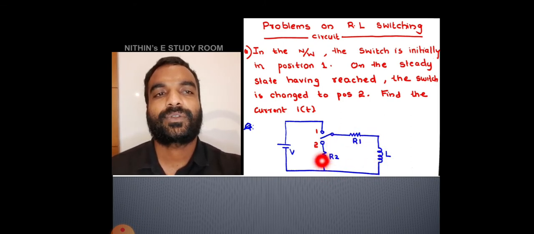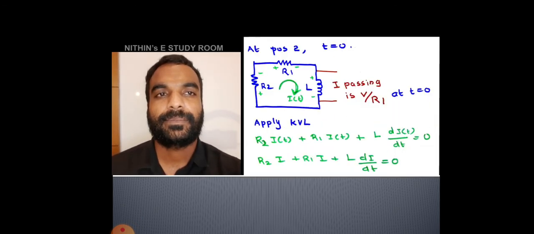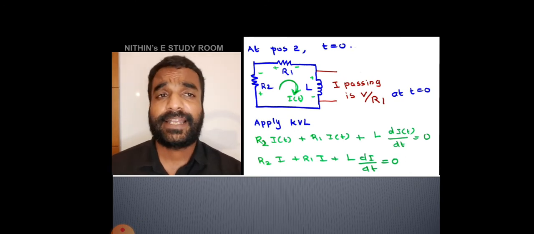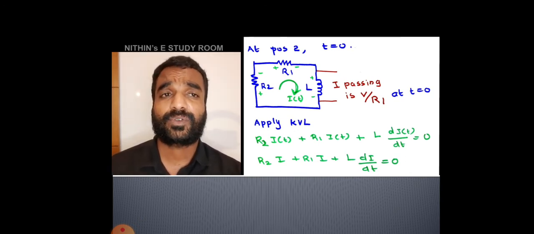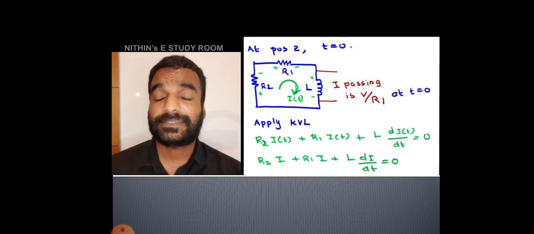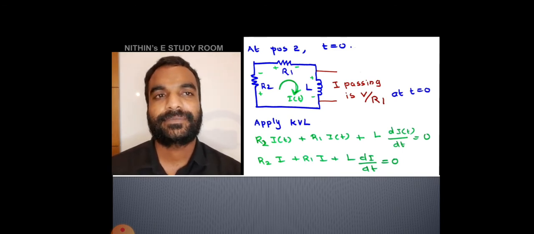This is the one and only closed loop. So the circuit will become like this: R2, R1, L, and initially there was a current flowing towards the inductor. The same direction will be kept, as the inductor will not permit a sudden change in current. So the current is passing in the same direction.